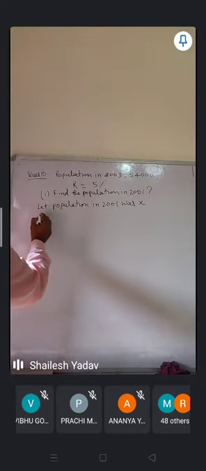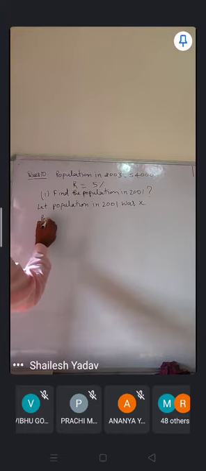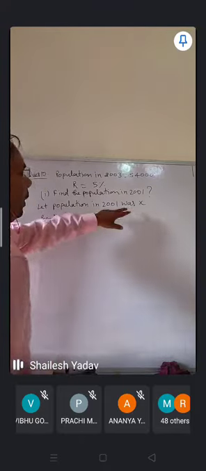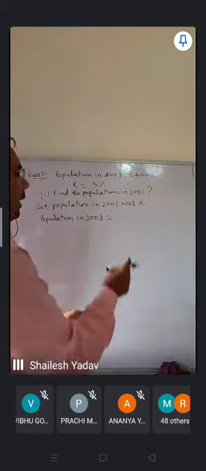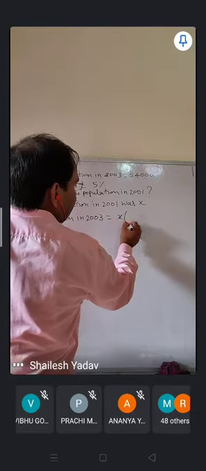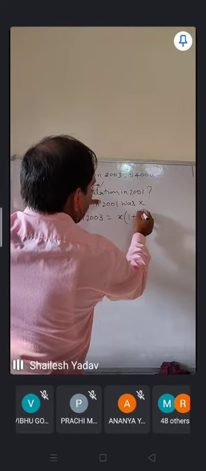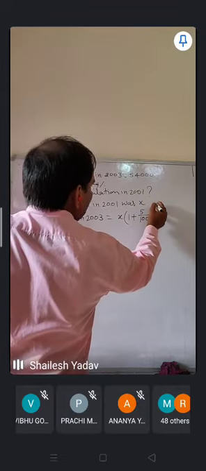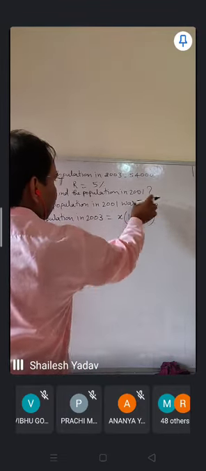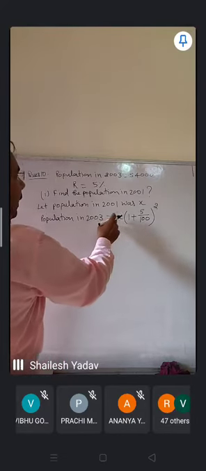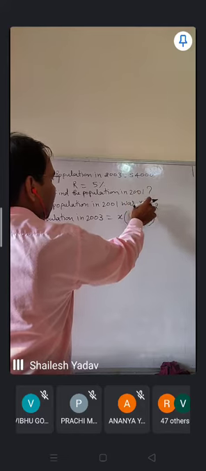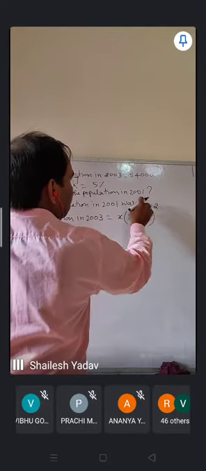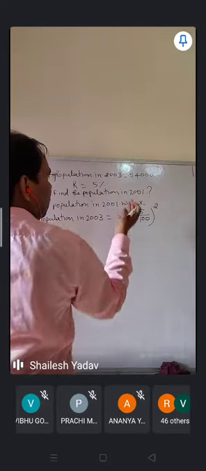So the population in 2003 equals, if the 2001 population is x, that will be taken as principal, x into 1 plus R, where R is 5 upon 100, to the power n. From 2001 to 2003 the gap is 2 years, so 2001, 2002, 2003, the time is 2 years.